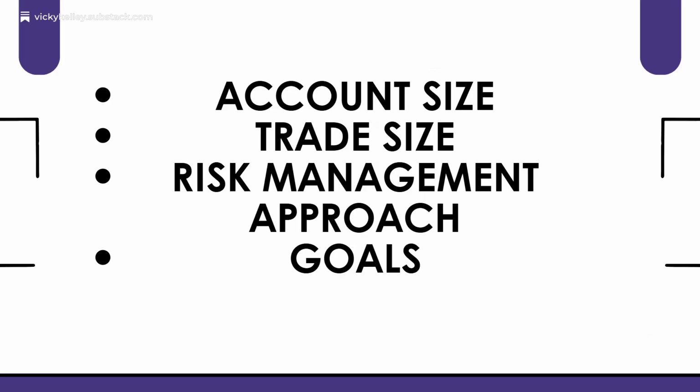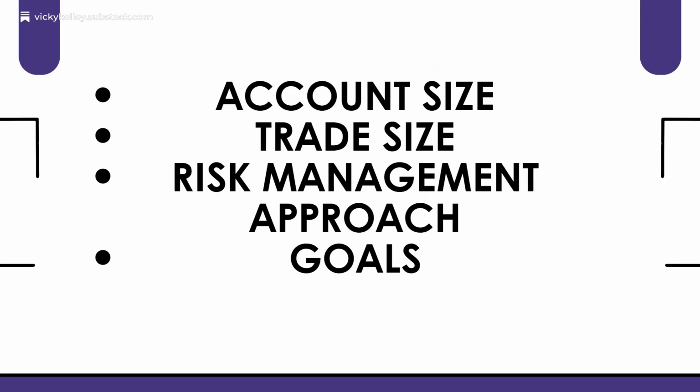If you're using micros instead of minis, that's going to make a huge difference in what your risk management is. That's going to make a difference in what your trade size is. Again, if you have $5,000 versus $50,000, that's going to make a huge difference in your trade size. But also your approach to risk management, how you are going to enter that.